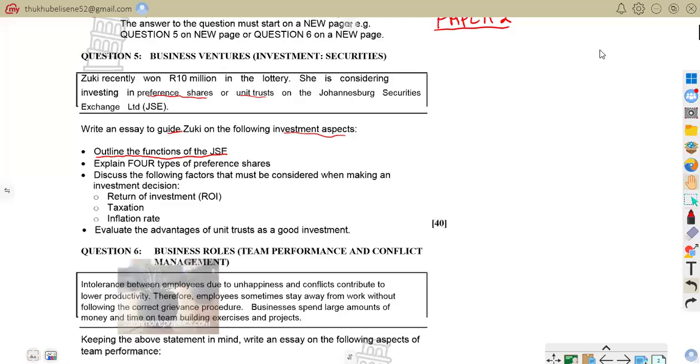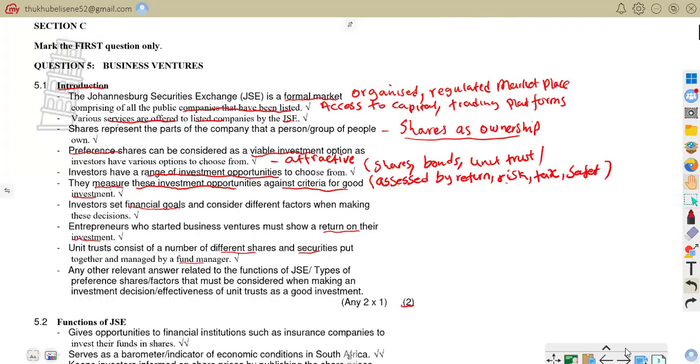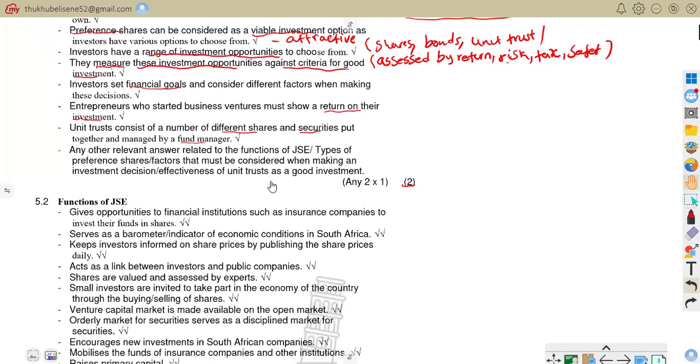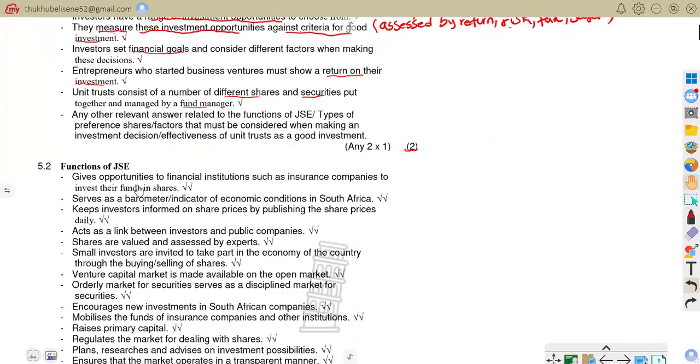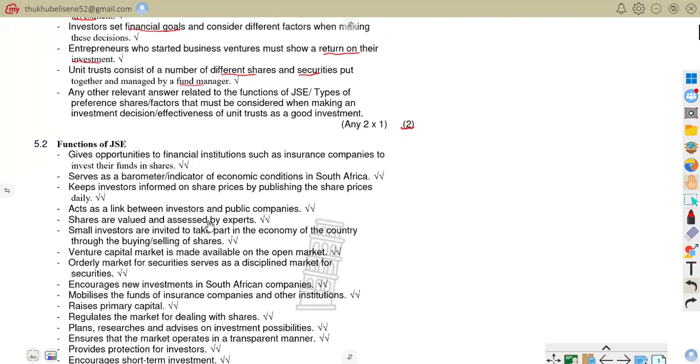So now let us go and try to answer that aspect. Here we are on the functions of the Johannesburg Securities Exchange.